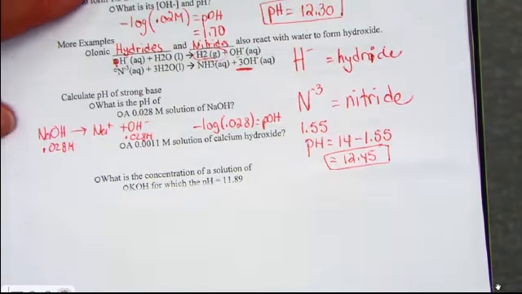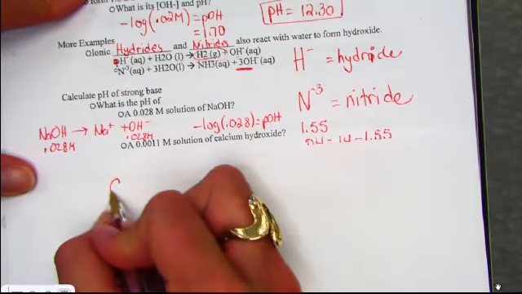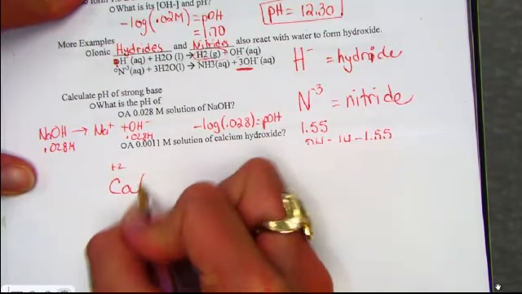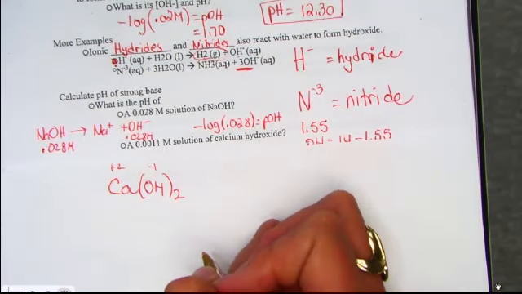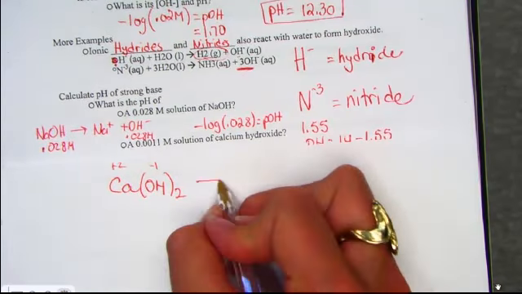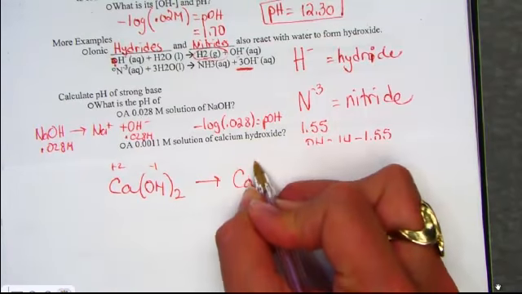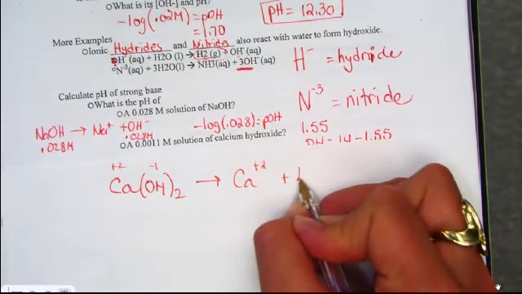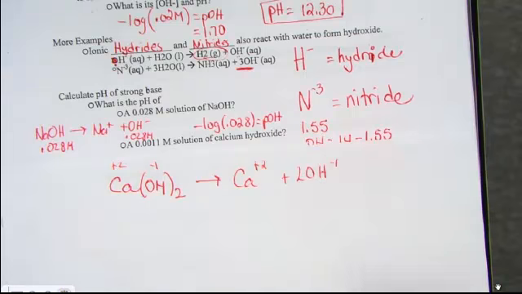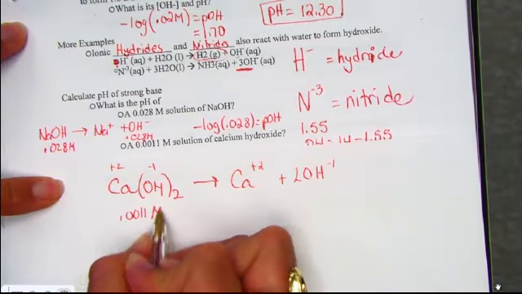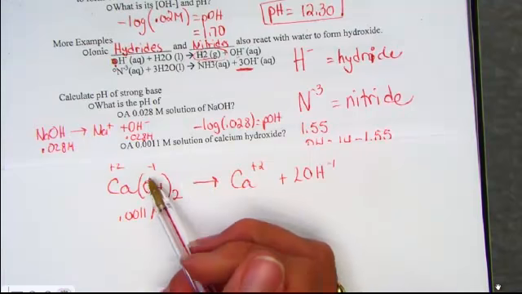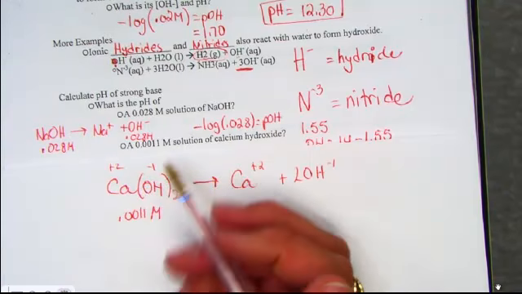Okay, great. Thank you. So let's think about this guy, calcium, who's a +2, hydroxide, who's a -1, Ca(OH) taken twice. When it dissociates, for every 1 calcium ion, we get 2 base ions. We're given a 0.0011 molar concentration of the calcium hydroxide.